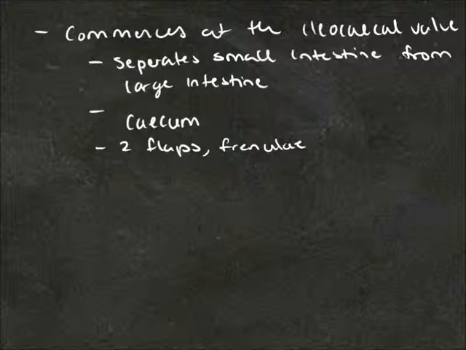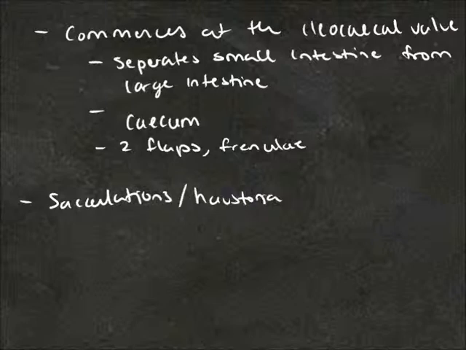Another feature of the large intestine is that it has saculations, or haustoria. And these are alternating expansions and constrictions of the colon.